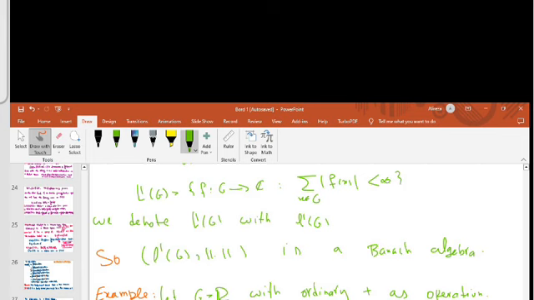Then for any f and g in L1 of R, we can consider f star g of x equal to the integral on R of f of y, g of y inverse, equal to minus 1, d mu y, because our operation is plus and the inverse of y equal to minus y by this operation.